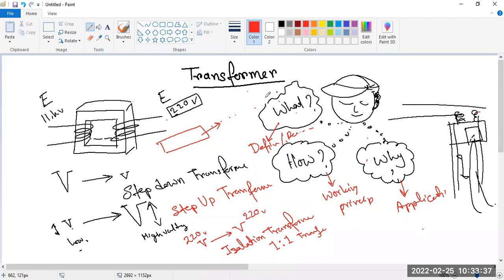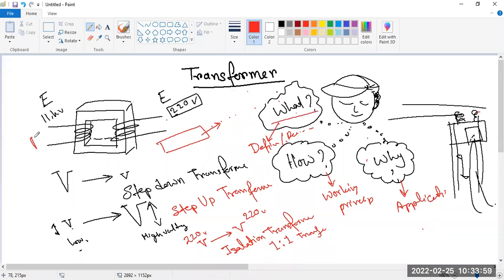So a transformer is a device which can step up, step down, or convert energy in 1:1 format. It converts one form of electrical energy to another form of electrical energy. That is the what portion.